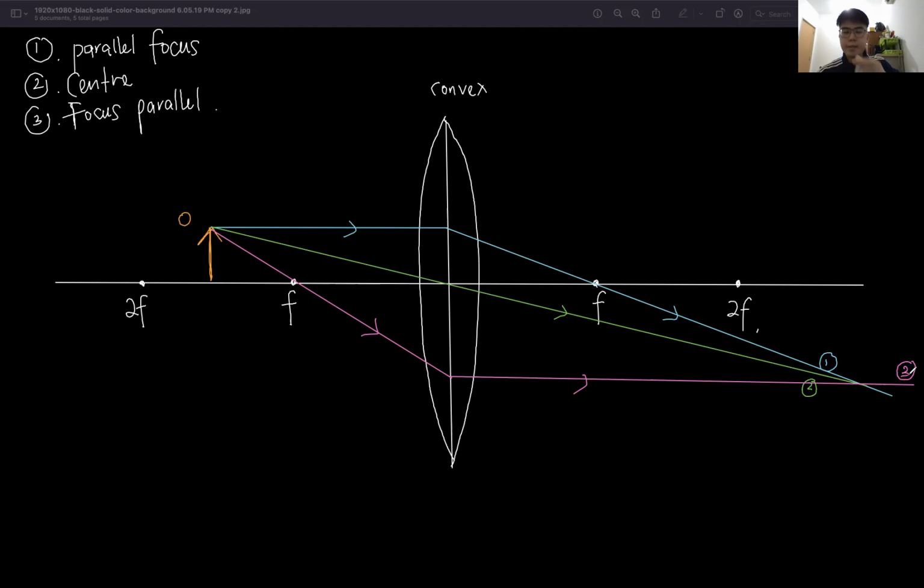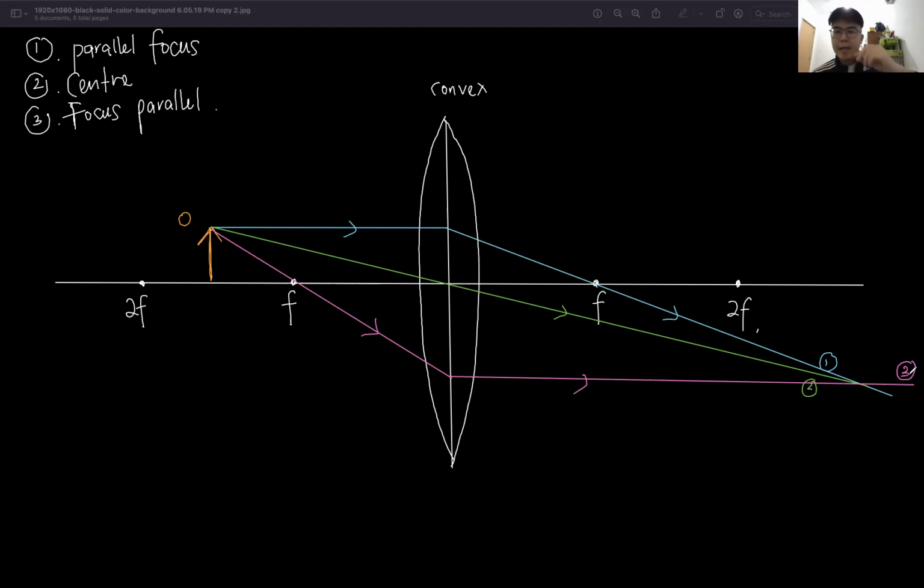All 3 rays, you see that they intersect at the same point. All this light comes from the tip of the object. So after refraction, they intersect at the same point. That means that location is where your image is formed.